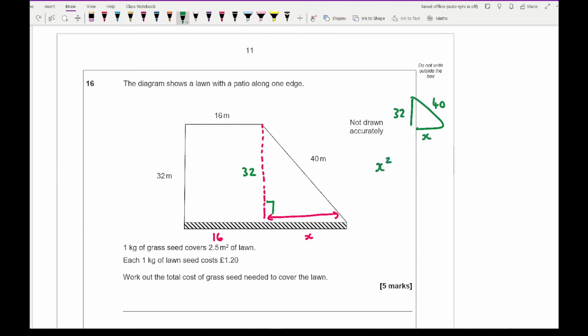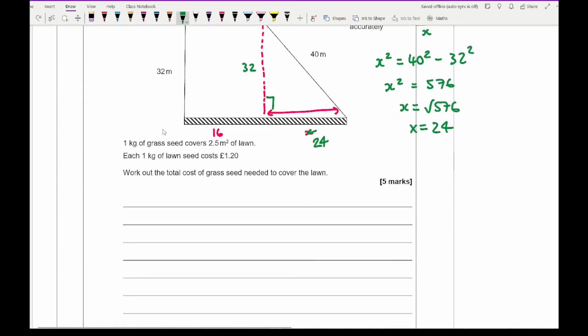So I've got x squared equals 40 squared minus, because it's a small side that we're finding, 32 squared. So I get x squared equals 576. So x equals the square root of 576, which is 24. So what I then need to do is work out the area of the trapezium.